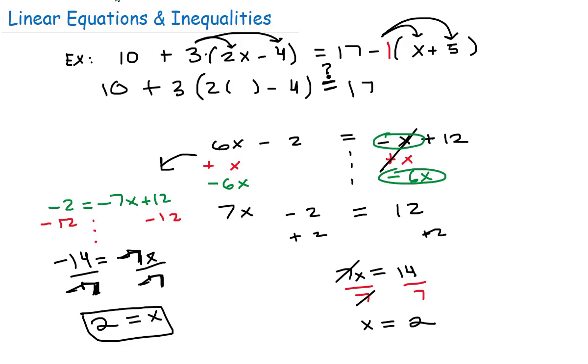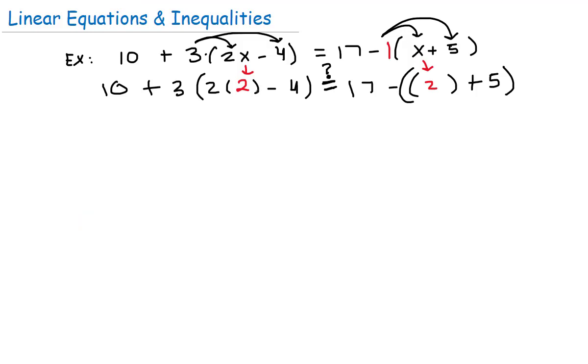So 17 minus, we're going to plug in an x right there, and that was plus 5. Okay, so that's the really nice thing about our linear functions, we can go ahead and plug in our value and see if we're correct. So I'm going to put a 2 in here for x and a 2 in here for x and see if that equal sign is still true.